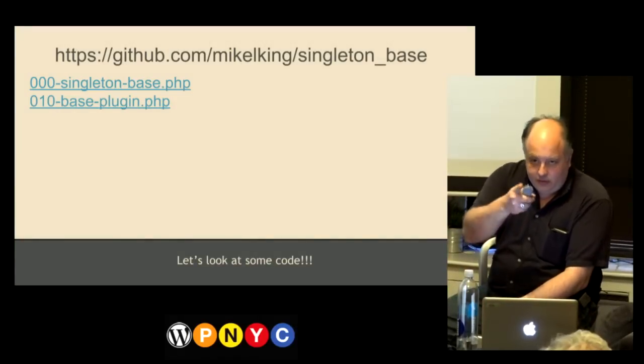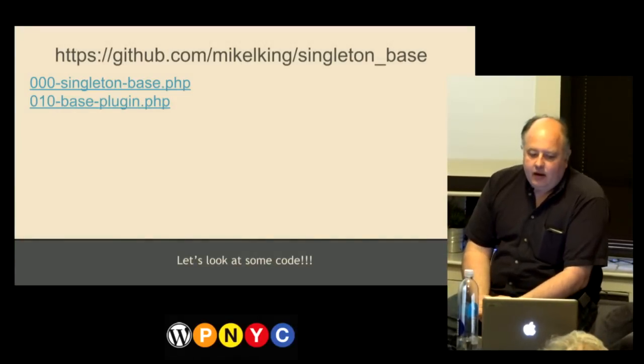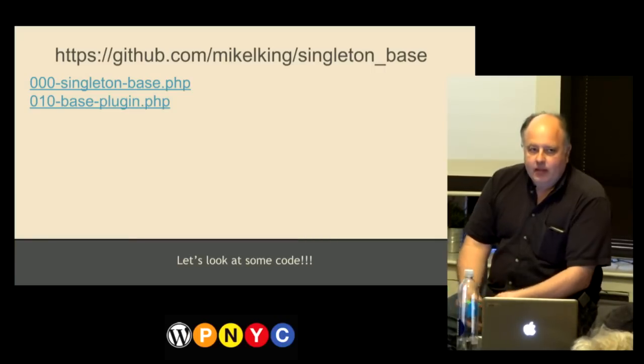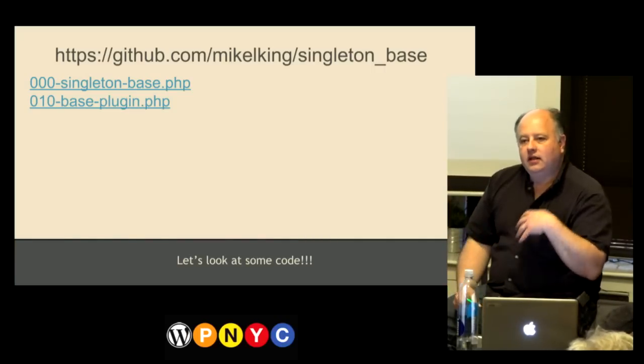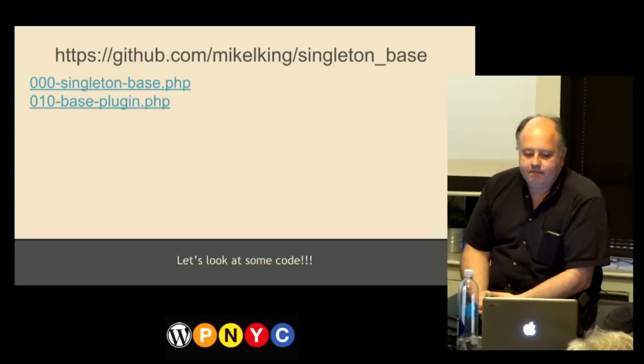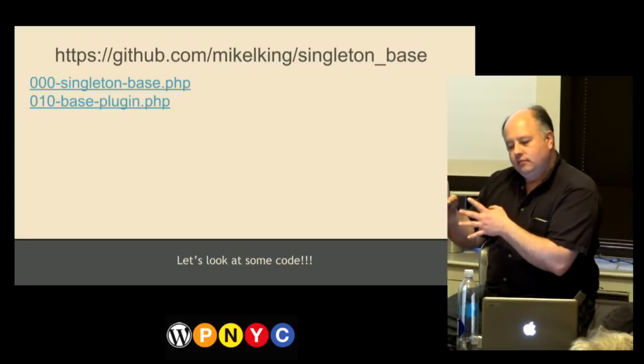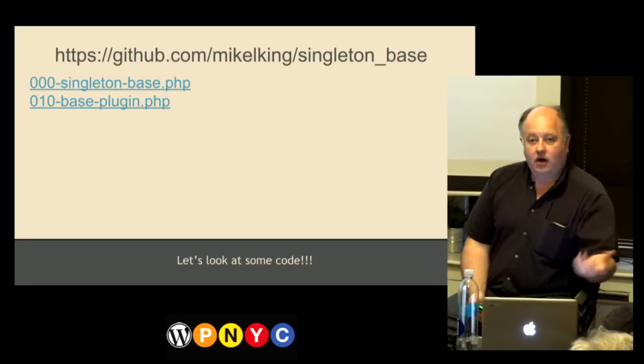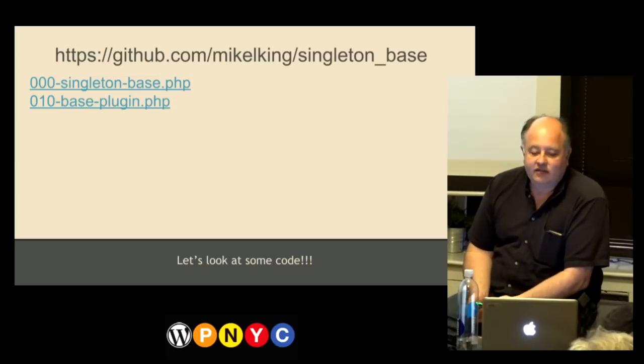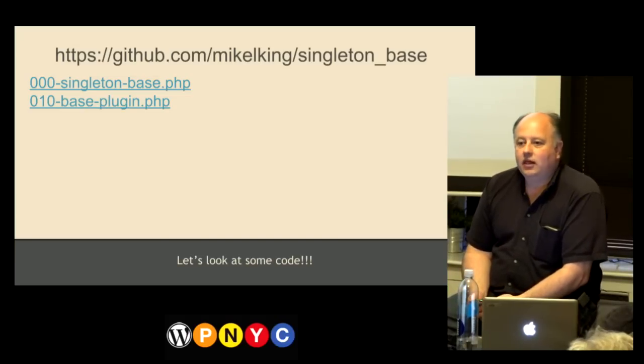And this goes back to your question about namespacing. One of the things about MU plugins is WordPress automatically lists all the PHP files in the MU plugins directory and loads them in alphabetical order. If you have a plugin that requires other libraries of code to exist, you have to figure out how to make it load first.